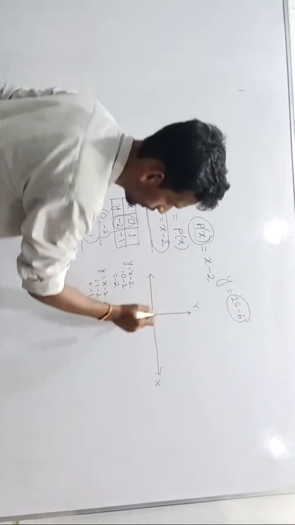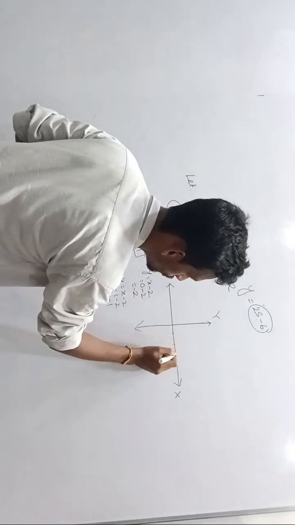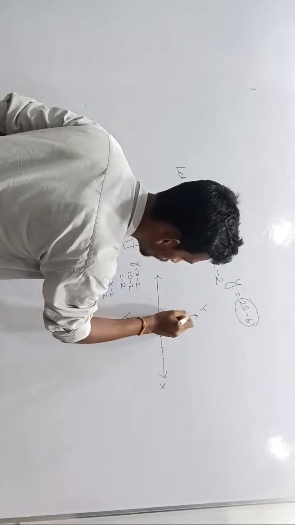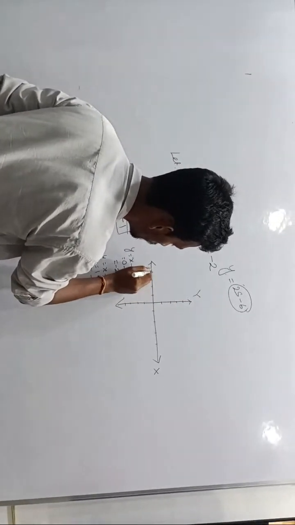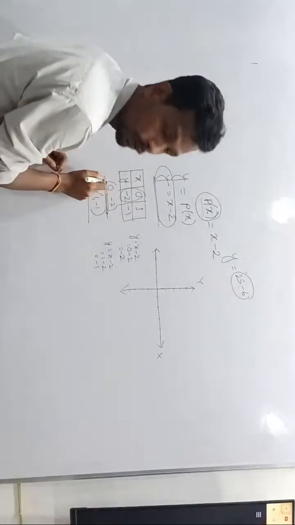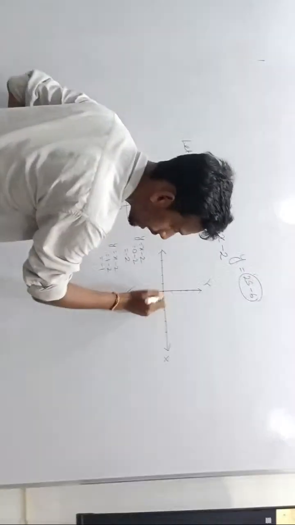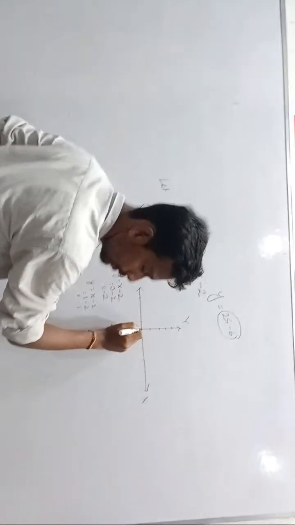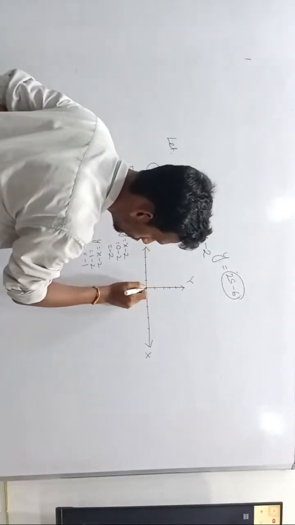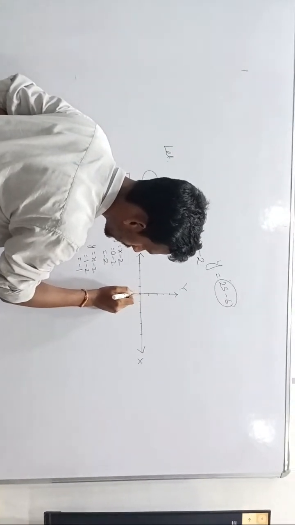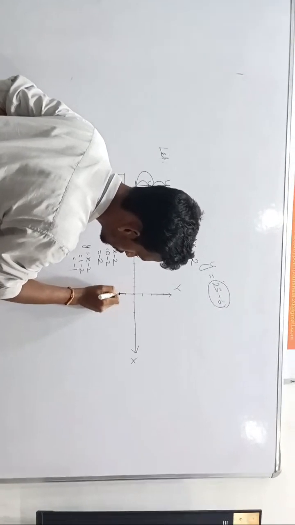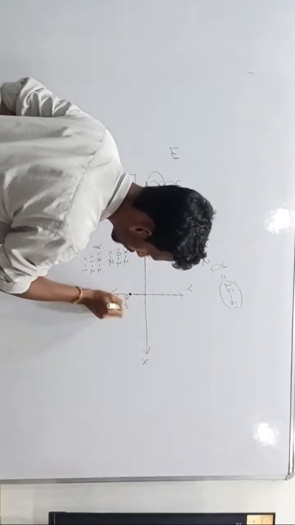Okay? Suppose 1, 2, 3, 4. Here (0, minus 2). 0 in the horizontal direction and in the vertical direction y is minus 2. Minus 2 you have to move in the downward direction along the y axis. So this is (0, minus 2).